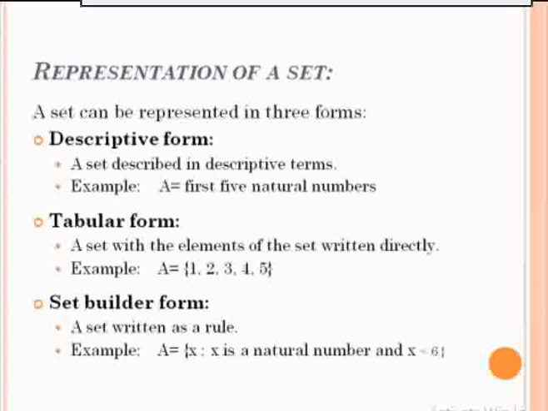X is a natural number, and X is less than 6. Okay, you know very well about natural number sets, 1, 2, 3, 4, 5 and so on. There is no limit. We will give the condition first, X is a natural number, and then we will restrict till less than 6. So the same example we discussed in all forms.